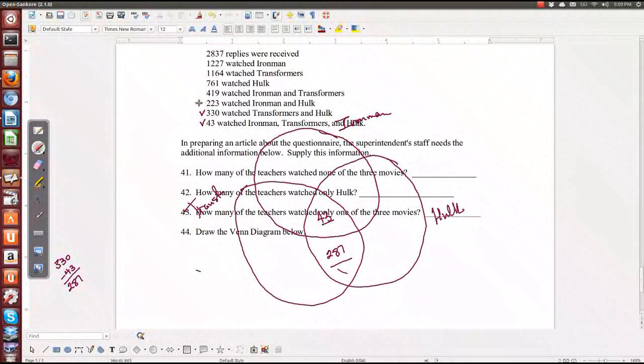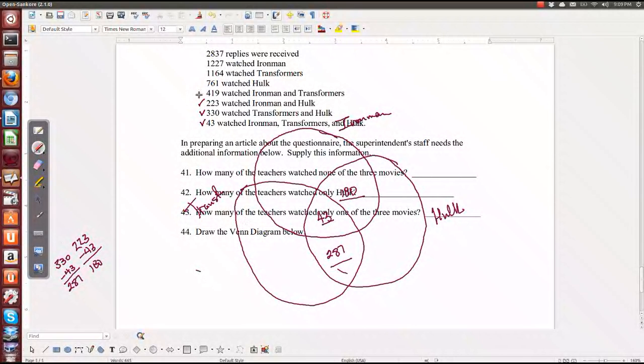And if I do the same idea with the 223 who watched Iron Man and Hulk, I get this piece of information here. The 223 minus the 43, which gives me 180 teachers who've watched Iron Man and Hulk, but haven't watched Transformers.